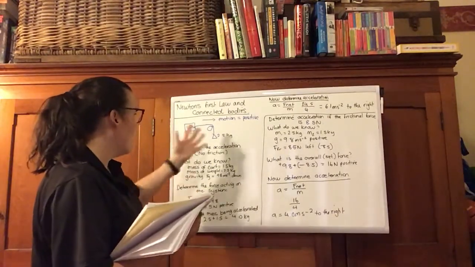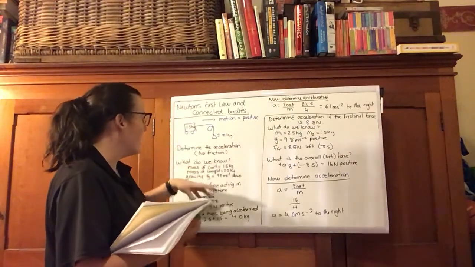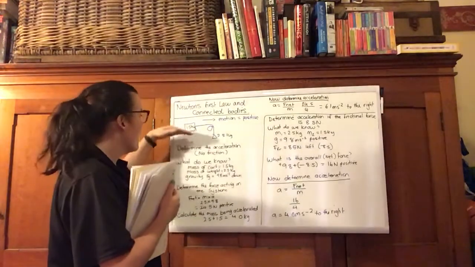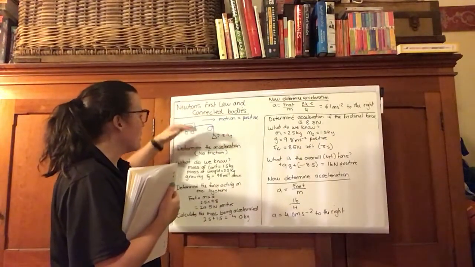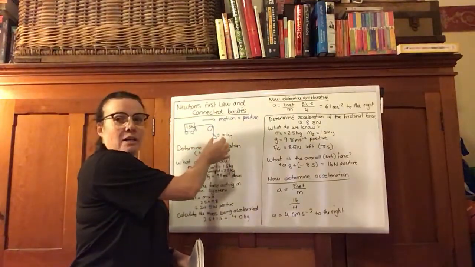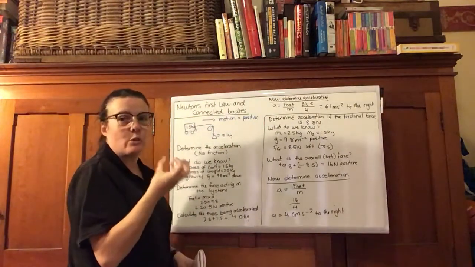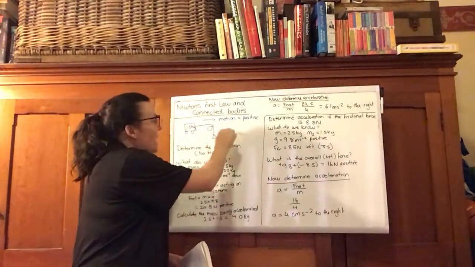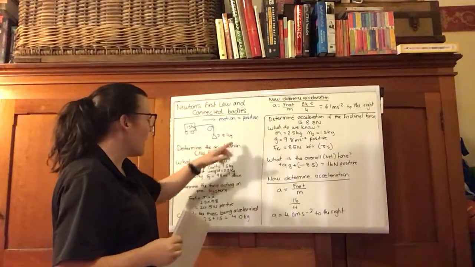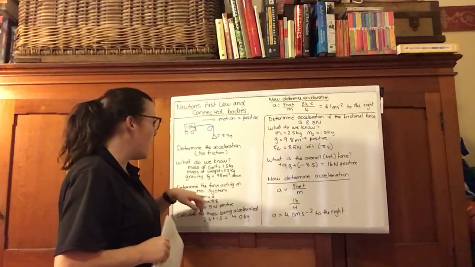Alright, so what we need to know is what part of the system is gravity actually working on. So the trolley is sitting on a table, so gravity is actually just pulling on this weight part. Okay, so that's the part that the force is actually working on. It's only working here on this weight. So we want to work out, well, what is the net force? So we have our mass.